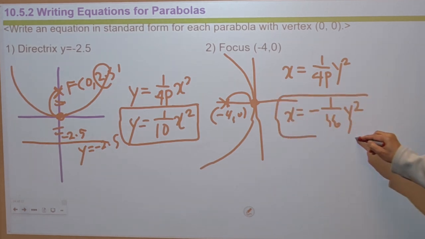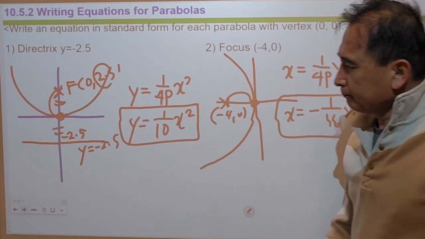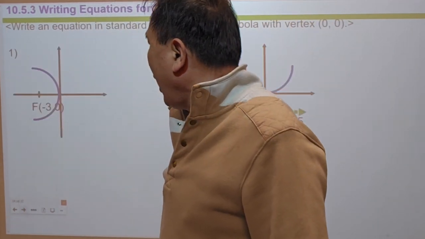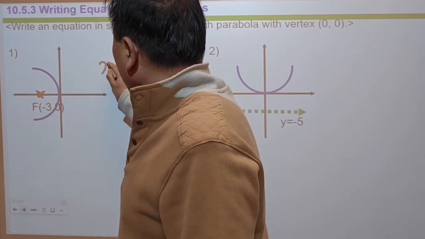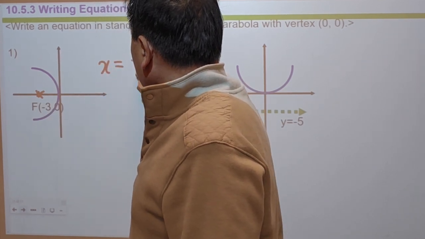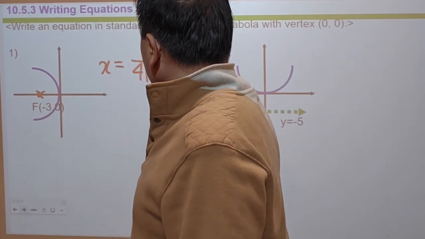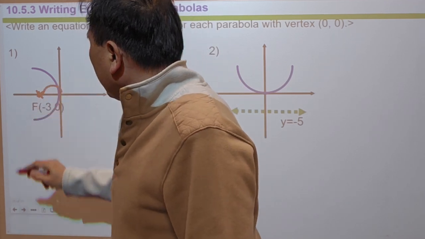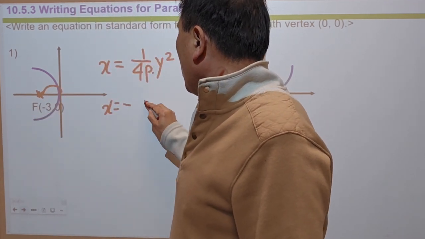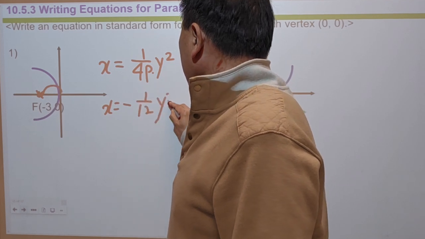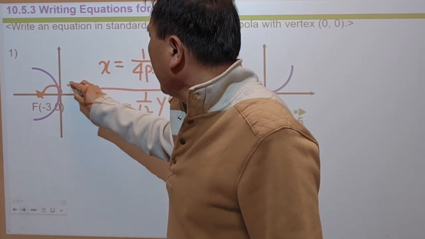That's the equation of this parabola. Now we can do it with a graph. Same, the focus is on the x-axis, so we use x equals 1 over 4p y squared, and p is -3. So x equals -1 over 12 y squared. This is the equation of this parabola.